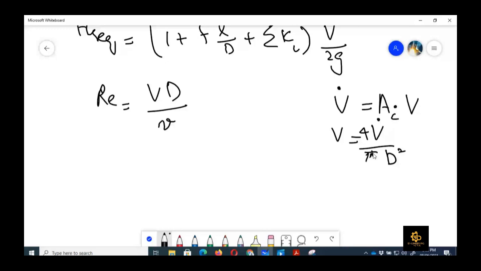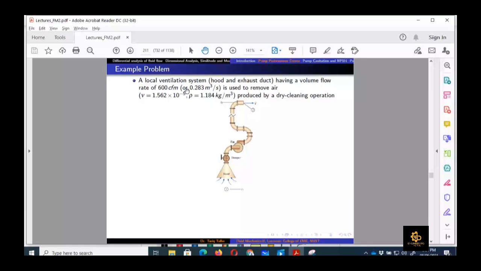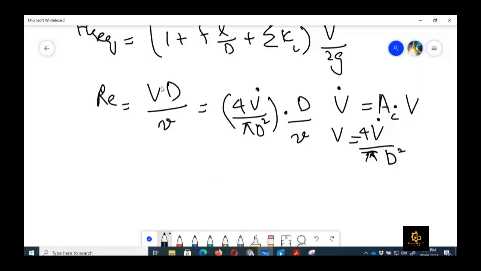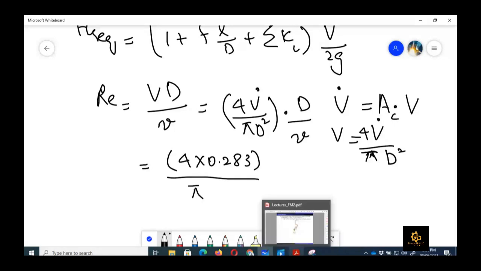So if we put that value here, it would be 4 times volume flow rate divided by pi d square, into d, divided by nu. Now, the volume flow rate value given to us for this particular 600 cubic feet per minute is 0.283. So 0.283 divided by pi into, okay, what is the diameter here?